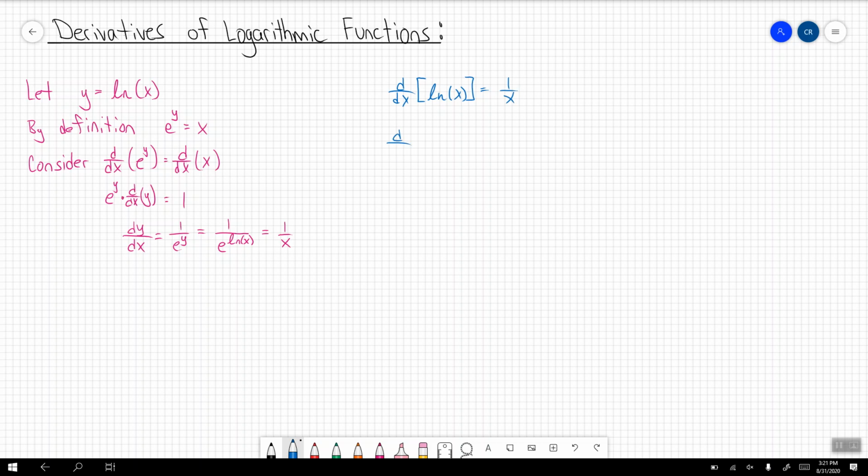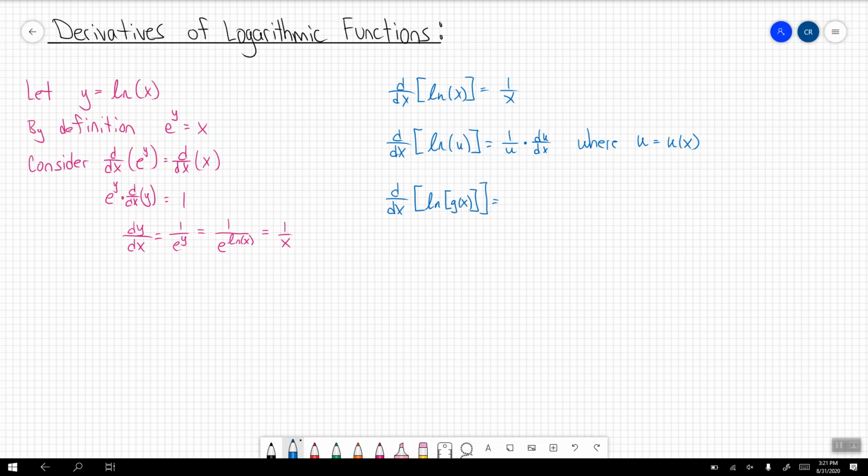If we take the derivative with respect to x and there is a function composition, then we get 1 divided by u multiplied by du dx. And again, this is where u is equal to some function of x. Or we can take the derivative with respect to x for the natural log of some function g of x.